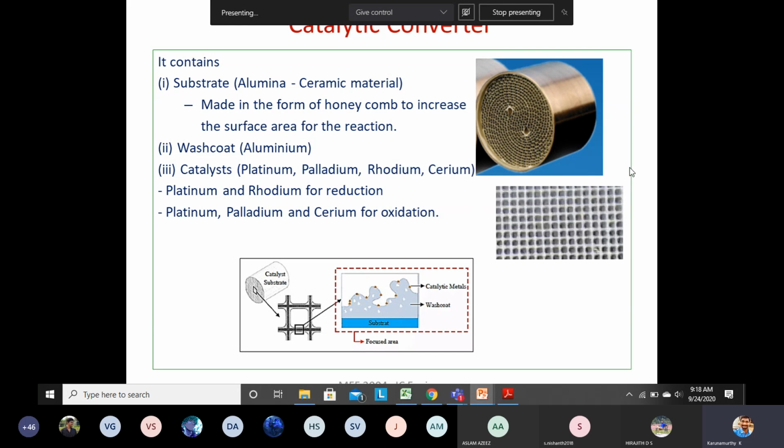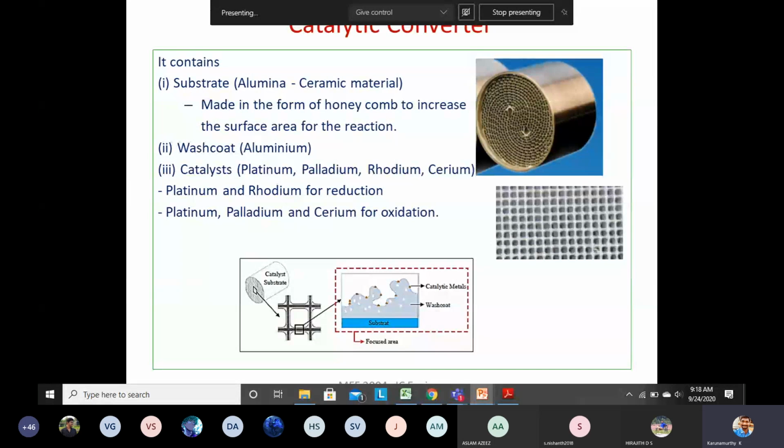This is the honeycomb structure, one particular region we have considered. The layer over the substrate is the wash coat, and in the wash coat we have the catalyst. These catalysts are responsible for the chemical reactions, thereby the harmful emissions from the engine exhaust are converted into unharmful emissions.